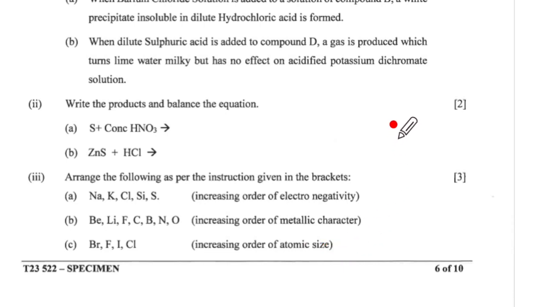Now atomic size is going to be like so. So you'll have fluorine, then chlorine, then bromine, then iodine. So increasing size would be first F, then Cl, then Br, and then I. Okay, so that finishes our 3 marks of third subpart.